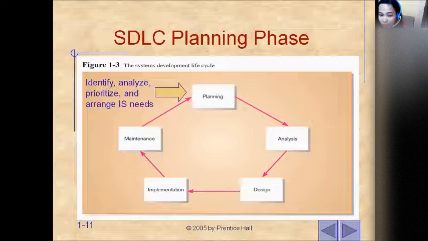What should I prioritize? My resources. What resources? The time, the budget, and of course, the people. Then discuss the needs of the company, for example, if it's a payroll, based on the needs of the company.